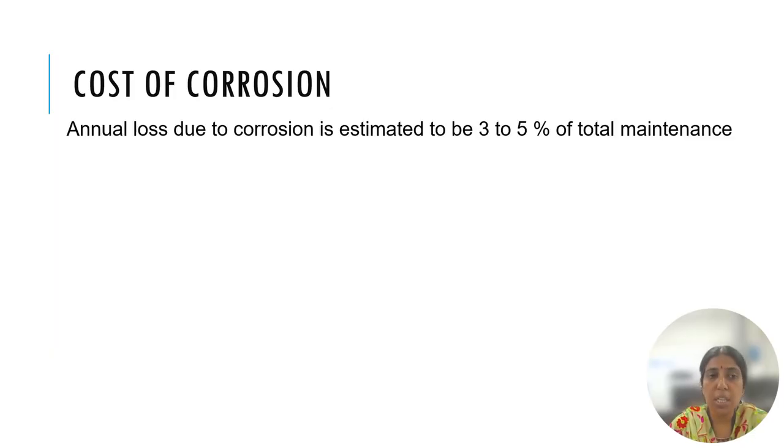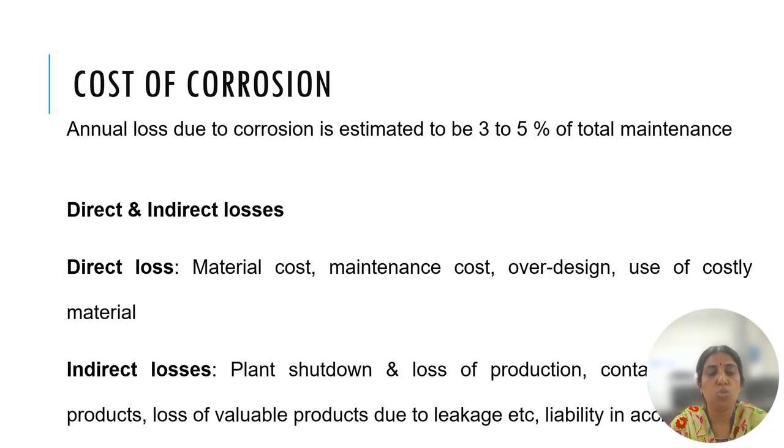What could be the cost of corrosion? Whether it is a small plant, a larger plant or a multi-crore industry, the investment on corrosion is huge. They say that 3 to 5% of the total maintenance cost goes for protecting or safeguarding their material from corroding. There can be direct losses and also indirect losses.